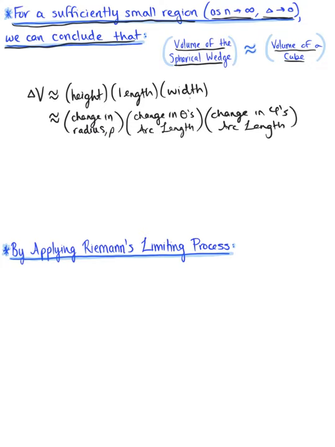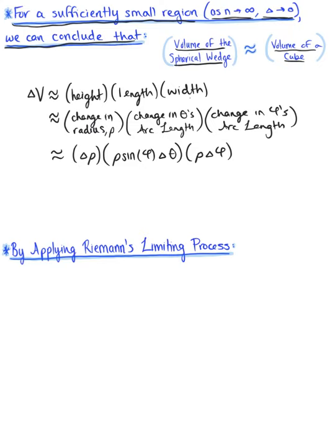So let's plug in those approximate differentials that we just derived. So delta V is approximately equal to the change in the radius, or delta rho, multiplied by the change in theta's arc length, which we know is defined as rho sine of phi delta theta, multiplied by the change in phi's arc length, which we know is rho delta phi.